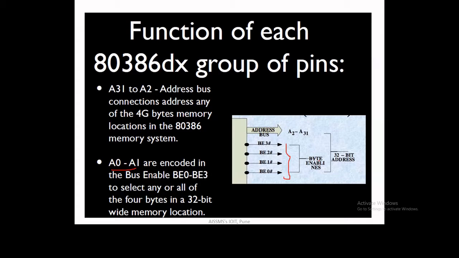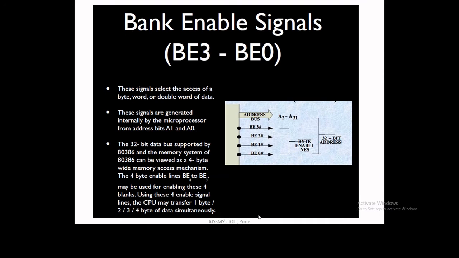So A0 and A1 are used to select one of the banks, or 2 banks, 3 banks, or all 4 banks. These are the bank enable signals BE0 to BE3. These signals select the access of byte, word, or double word of the data.